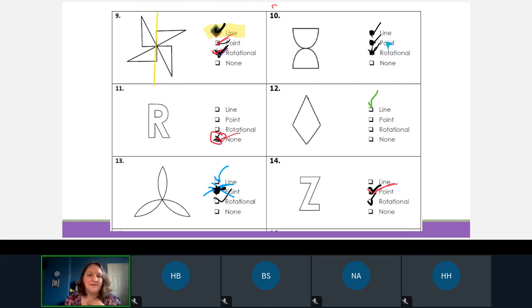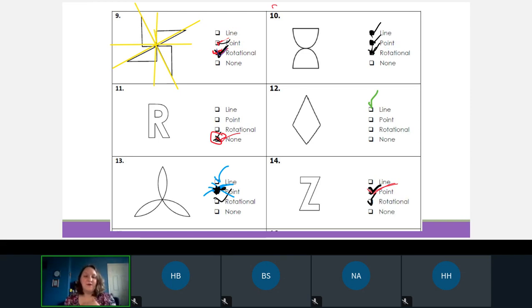Because if I fold it along this line, then this triangle here ends up over here on the left. And if I start drawing in some diagonals, it's not landing exactly on top of itself. So this one does not have line symmetry. But thank you, those of you who were participating anyway. I really appreciate it. Lets me know you're there.